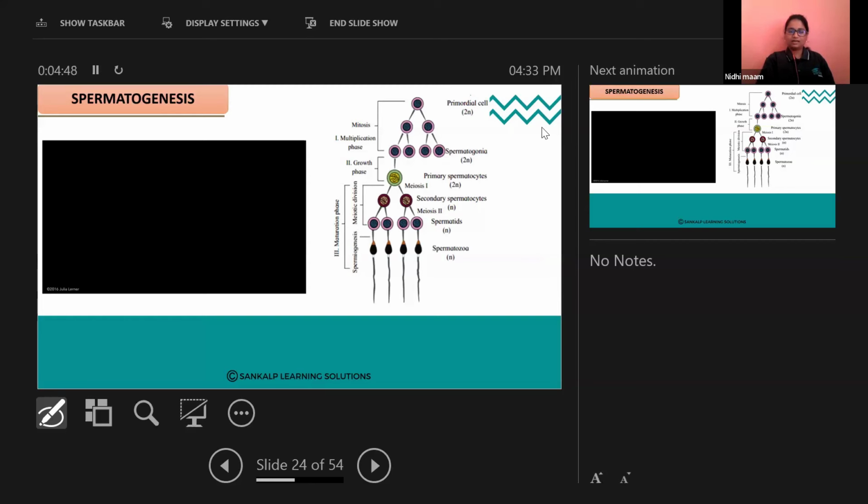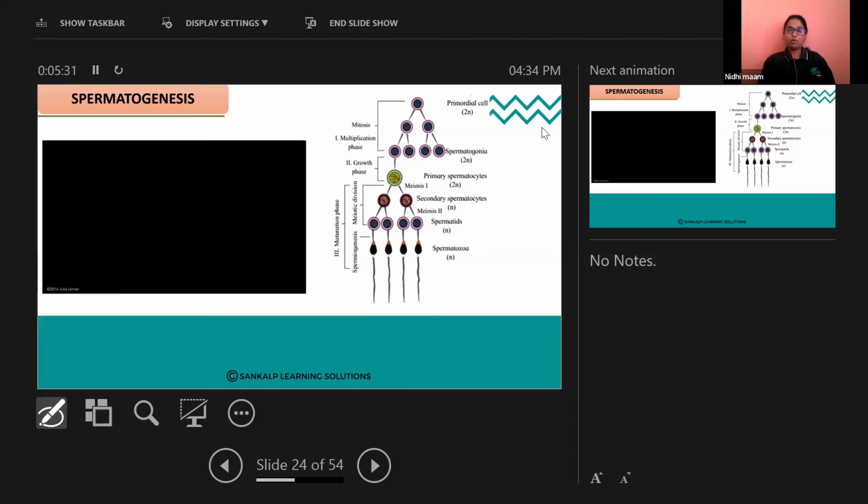Just note it down and write down every part like primordial cell, mitosis, multiplication phase, growth phase, spermiogenesis. Then after this, we will be studying how spermatogenesis is controlled by the hormones. Who will send the signal, and at what time spermatogenesis should happen, who will control all these processes in our body? That we call hormonal control. All these, spermatogenesis and oogenesis, will be controlled by the hormones.